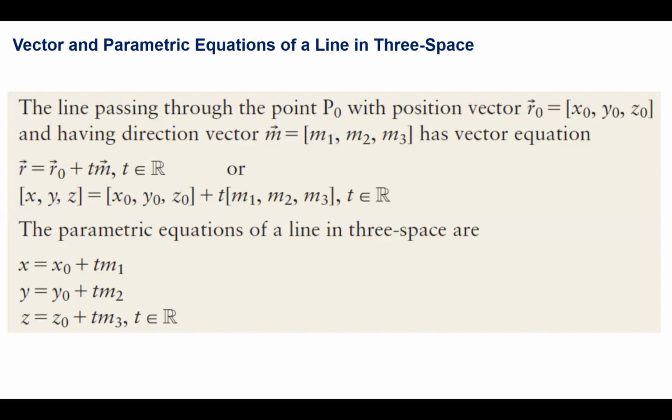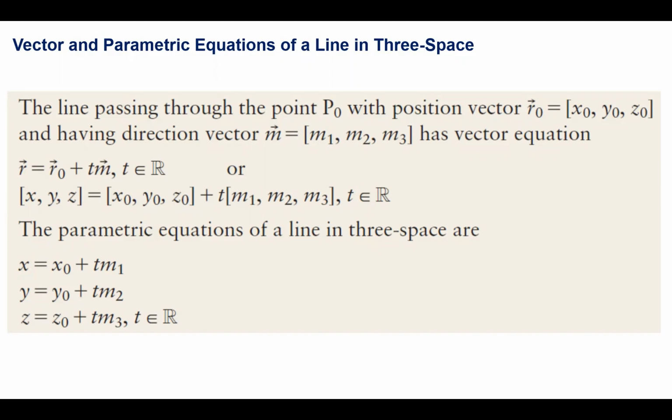And the vector (x naught, y naught, z naught) is the position vector of any known point on that line. And the vector (m1, m2, m3) is the direction vector for that line.